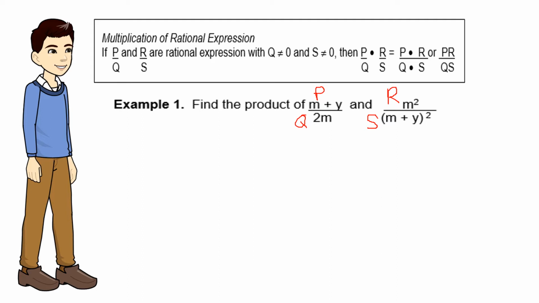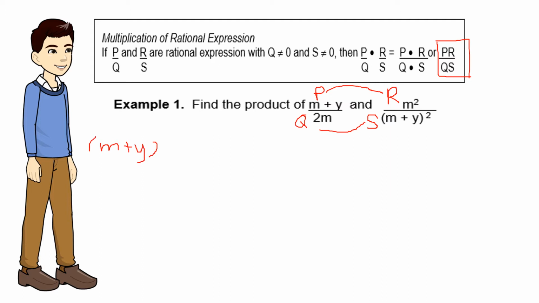Okay. Then, ang lagi nating tatandaan in multiplication, PR over QS, ibig sabihin, numerator to numerator, then denominator to denominator. So, yun lang ang ipagmumultiply natin. So, using PR over QS, magkakaroon tayo ng m plus y.